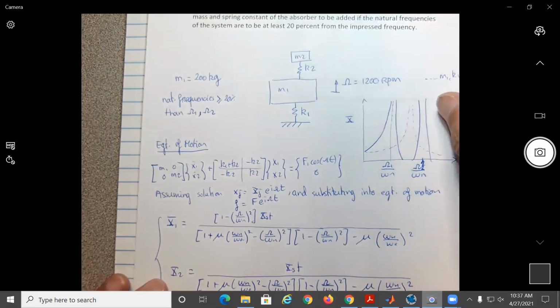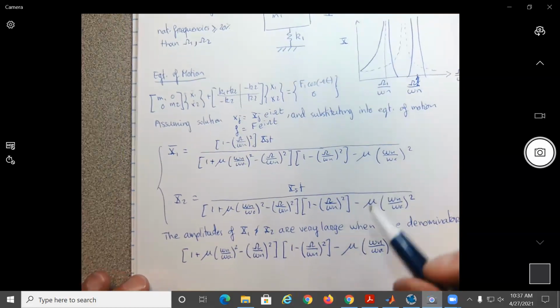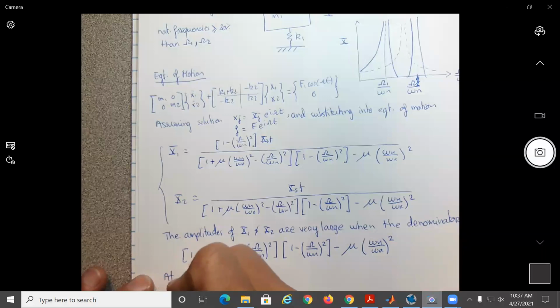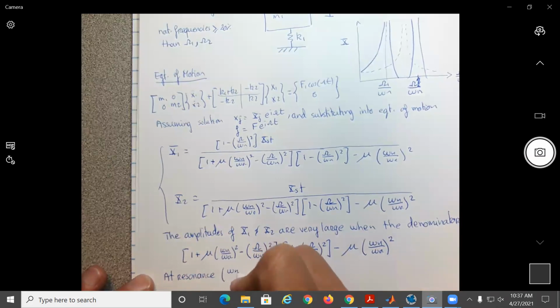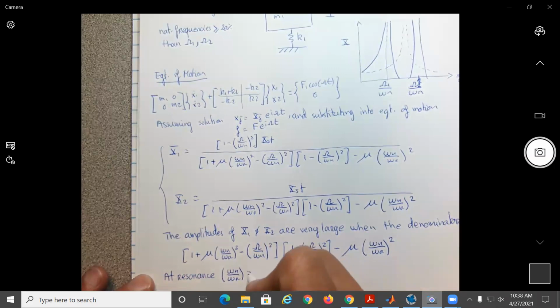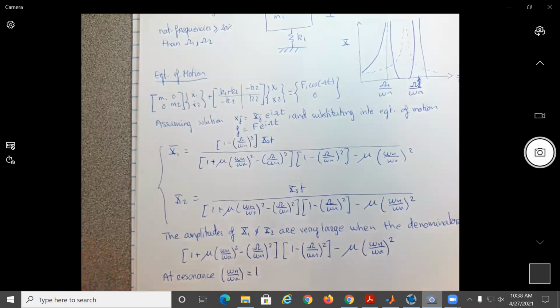So what would that mean? At resonance, omega sub n equals omega sub a. This ratio will be equal to 1. Does that make sense or no? Yeah, that will be resonance.